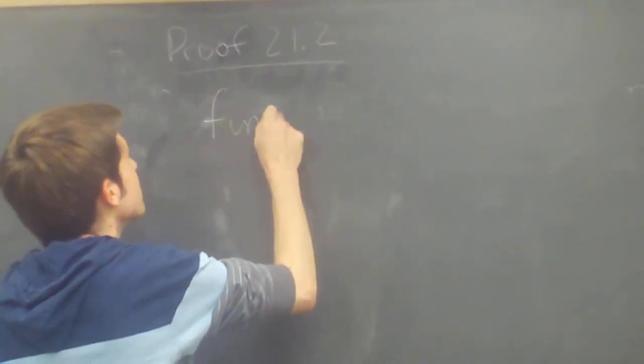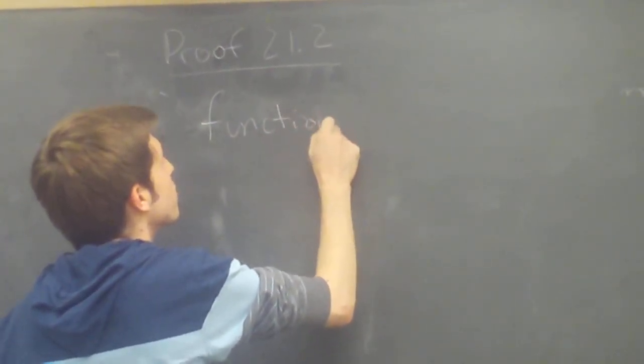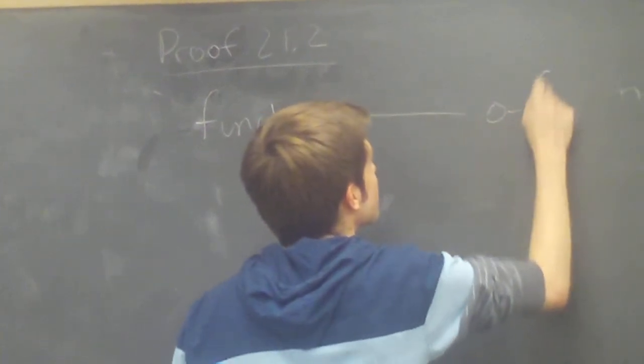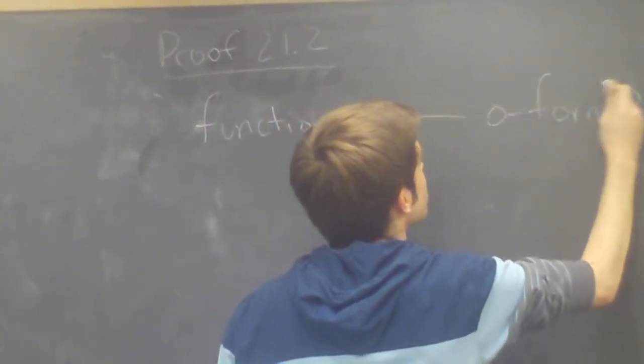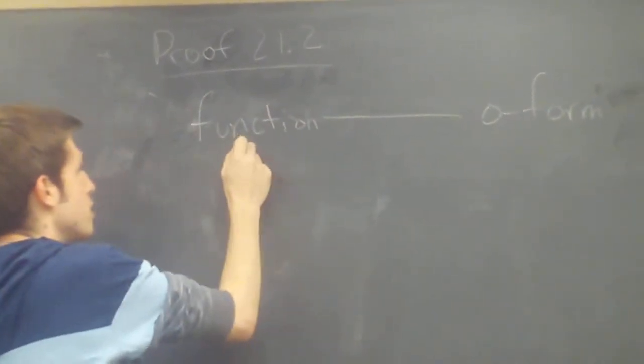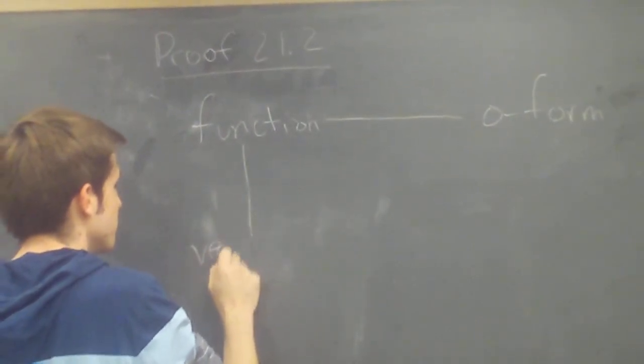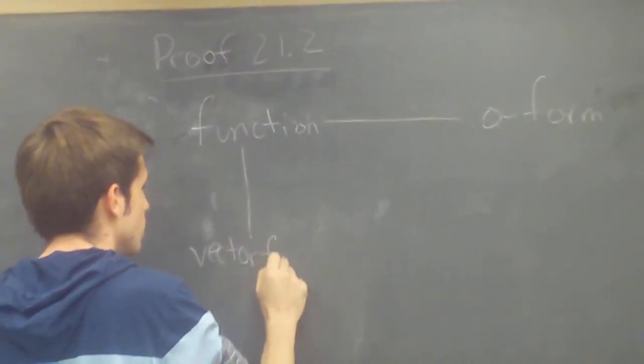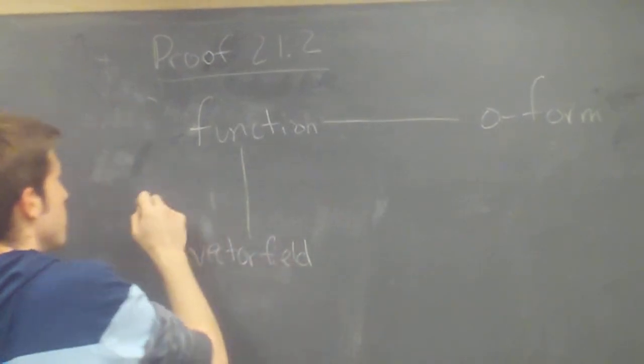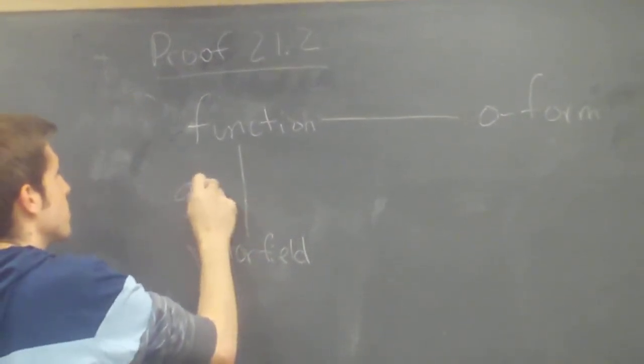So a function and a zero form are the same thing. To go from a function to a vector field, you do that by taking the gradient.